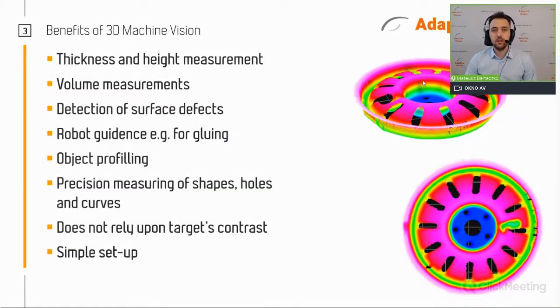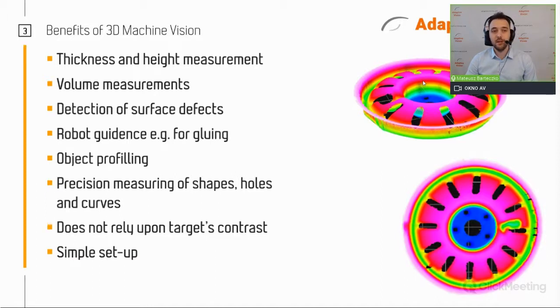2D machine vision has proved many times in recent decades that it's very useful for many applications and for many problems. And now we can also benefit from 3D machine vision that allows us thickness and height measurements, volume measurements.